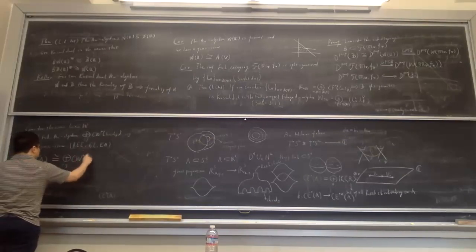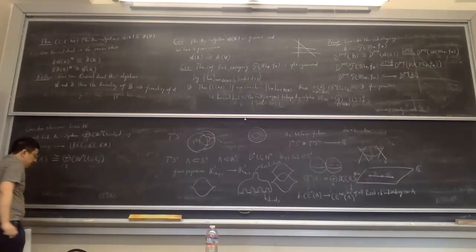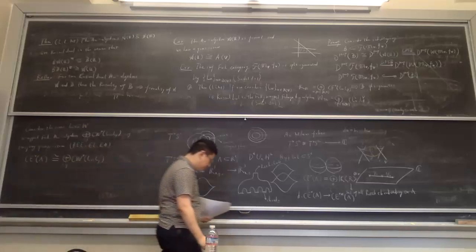So somehow you can reduce the computation of this A-infinity algebra to the computation of this DGA.